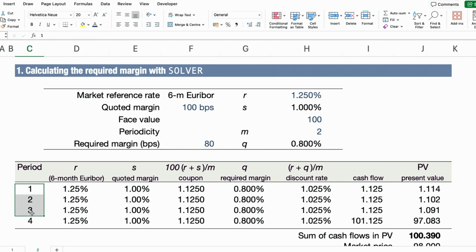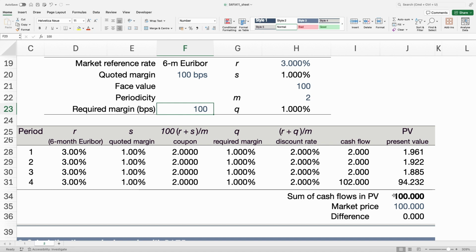Since the quoted margin is fixed and doesn't change, any change in the credit risk of the issuer will impact the bond price. For example, if the issuer's credit risk increases and the required margin demanded by investors increases to 150 basis points, the Serifer note would still pay a coupon that, on an annual basis, is only 100 basis points greater than Euribor, and thus would be deficient by 50 basis points.